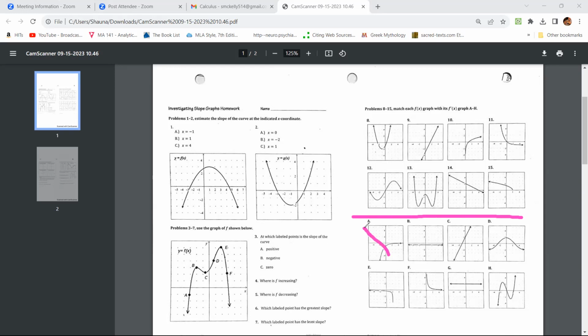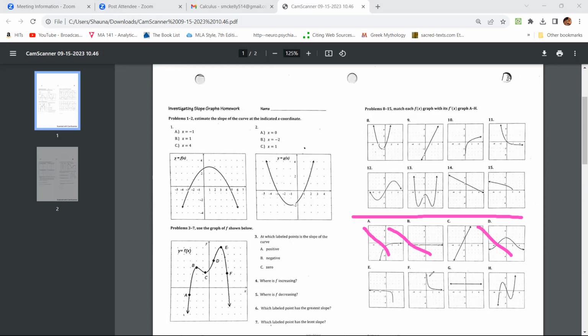So A is out. B would mean that our slope was constant because we have a constant function, which we know we don't have. So B is out. Now, -1 and 0, it's not here. D is not going through that point either, is it?